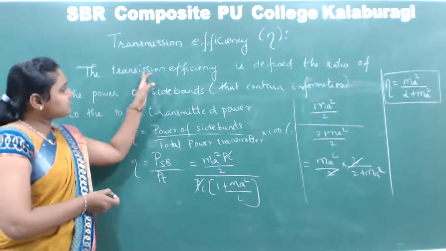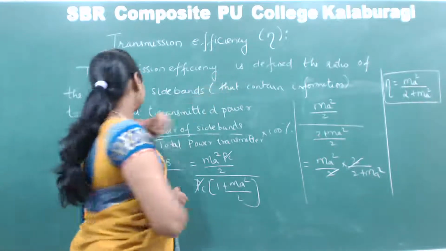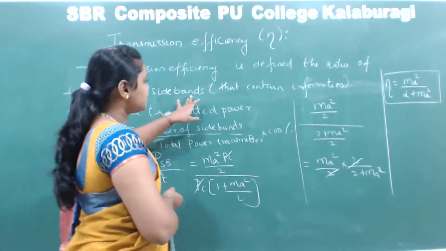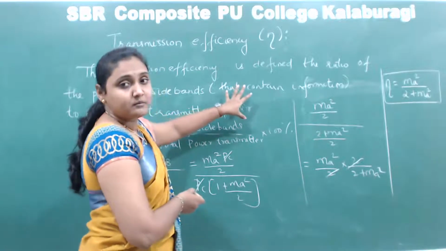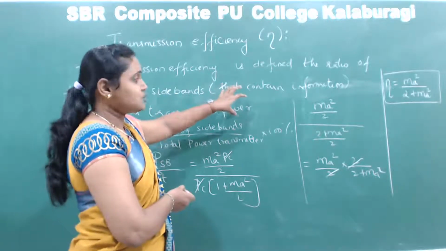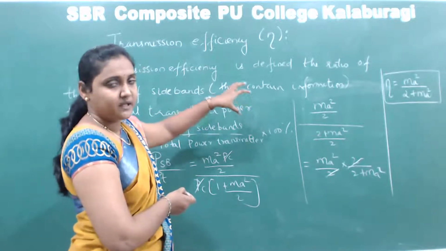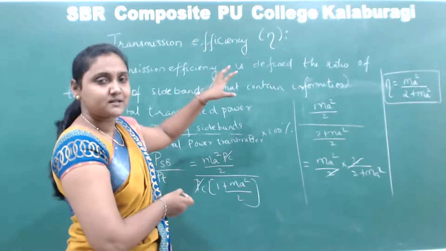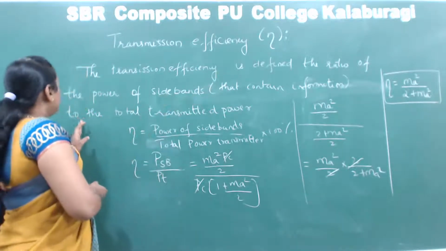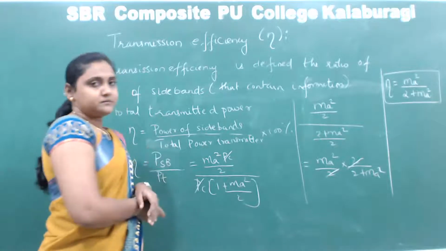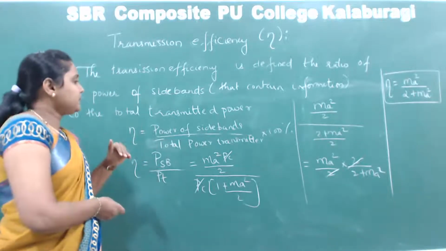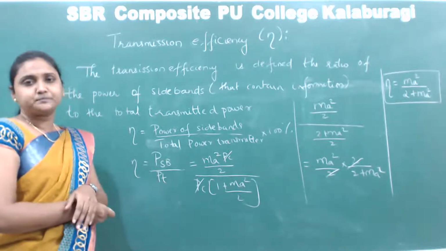The transmission efficiency is defined as the ratio of power of the sidebands, that means the power of the actual information, where the actual information is contained, to the total transmitted power. Ratio of the sideband power to the total transmitted power.